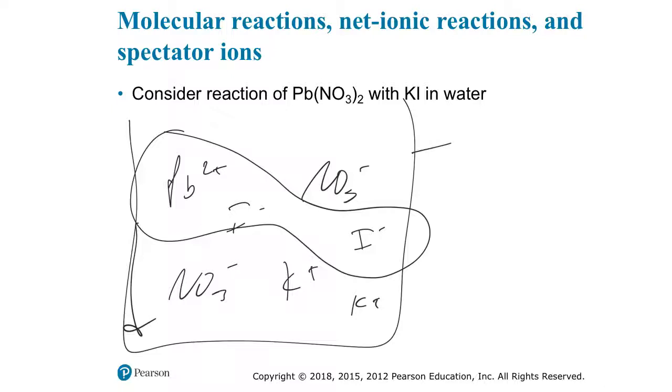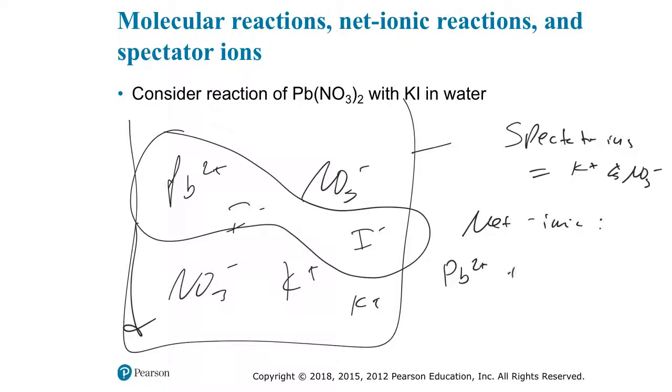If we picture the reaction this way, hopefully we can see the spectator ions in this reaction are K+ and NO3−, and then our net ionic reaction here will be Pb2+ reacting with 2I− forming PbI2, an insoluble solid.